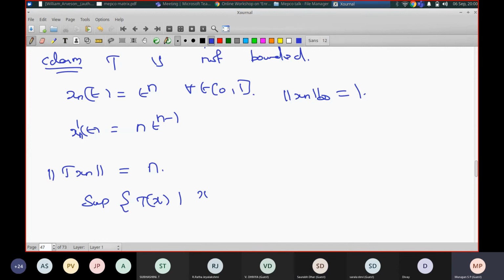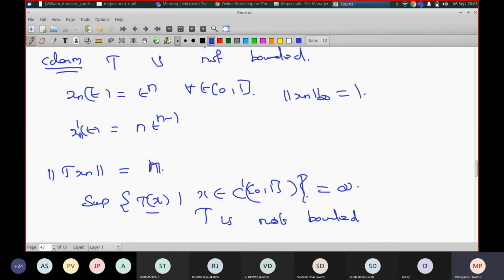The norm here is the infinity norm, the sup norm, on C and C' of the closed interval. Because we have found a sequence here, this is infinite. So therefore t is not bounded.